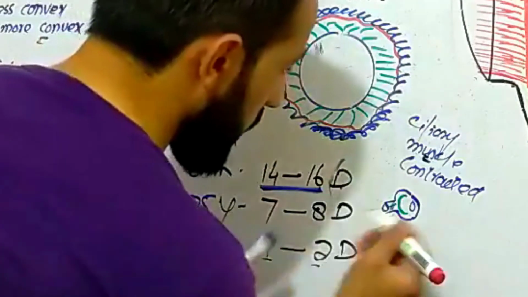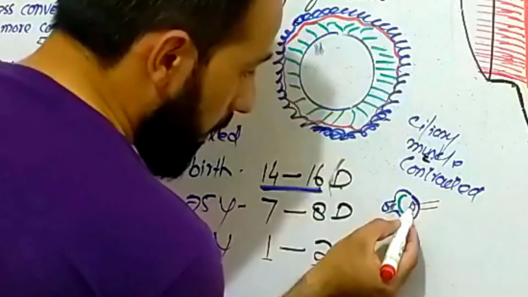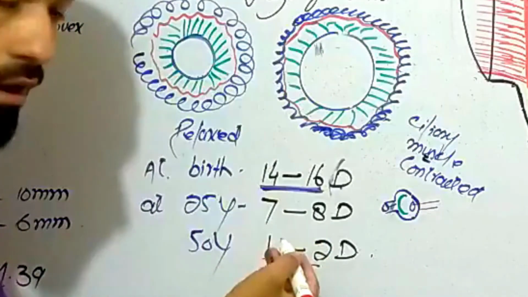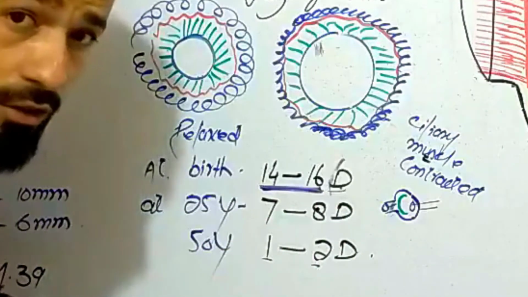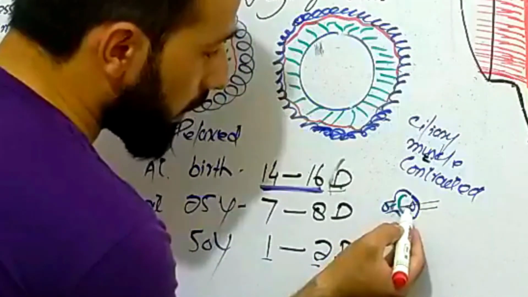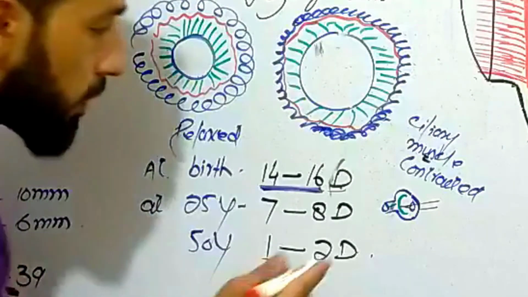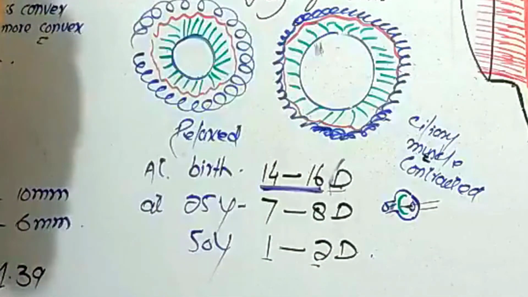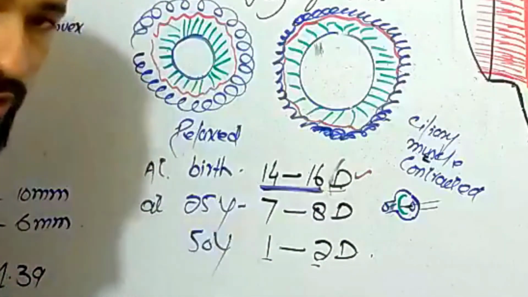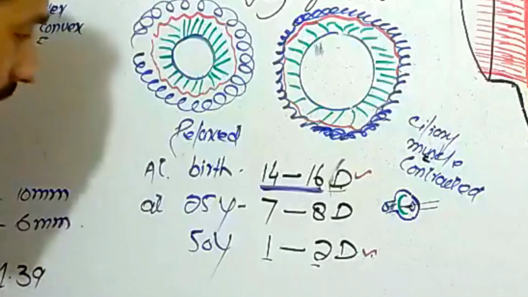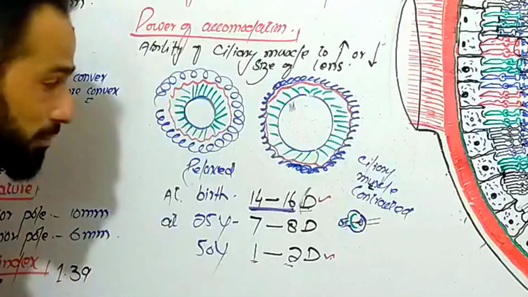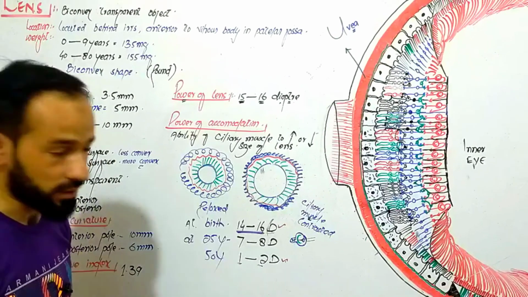So when the light ray strikes the lens of the baby, its power of accommodation is very large, 14 to 16 diopters, so it will strongly converge the light ray to a very small distance, which means the focal length will be very small. So if the power is more, the focal length is small. Here at the extreme of the edge, the power of your lens decreases, so it means the focal length will be increased. I hope you understand this.